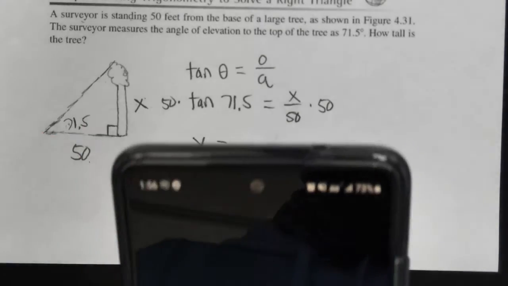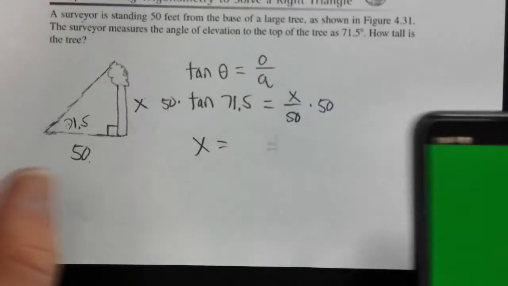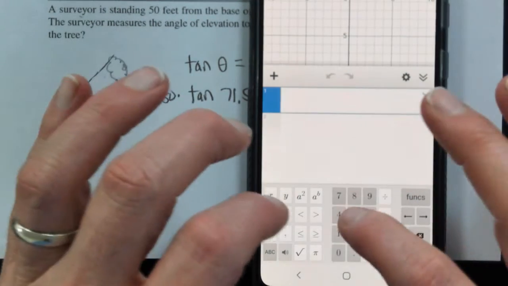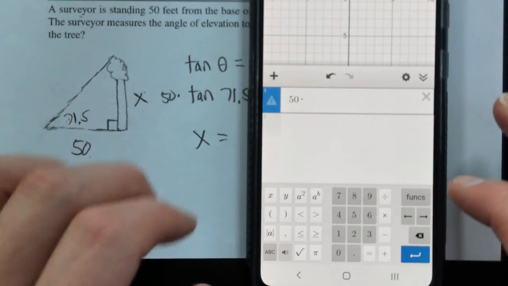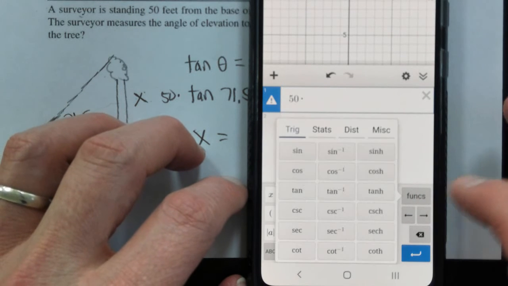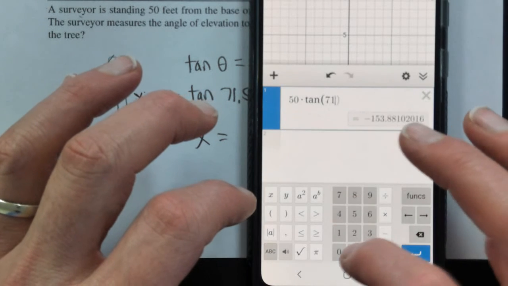So now I just need to figure out what that is. We'll go back to our Desmos calculator, and we can go 50 times tangent 71.5. Remember, on Desmos, the trig functions are under functions.